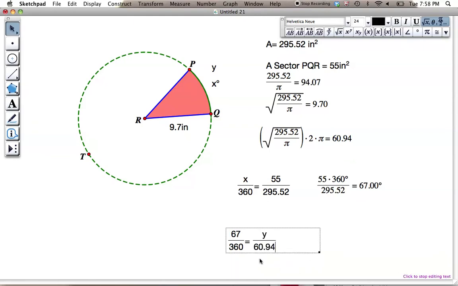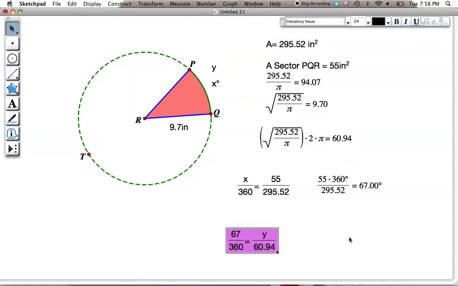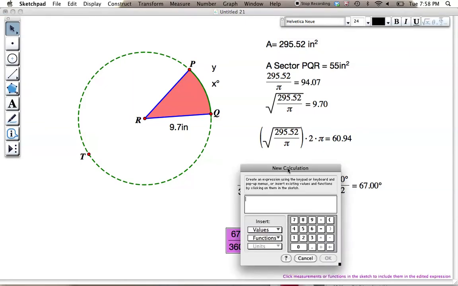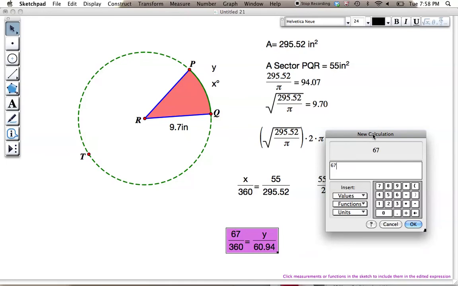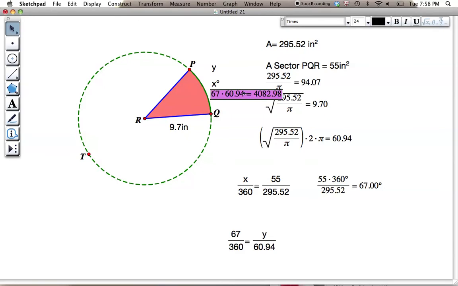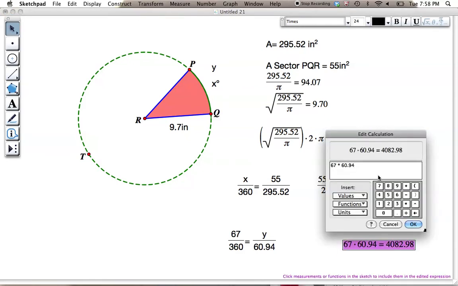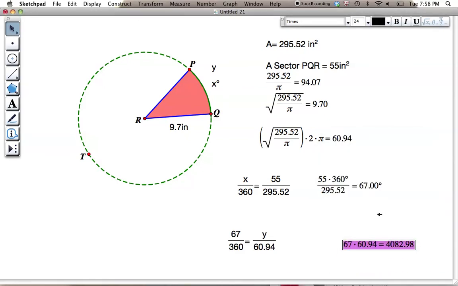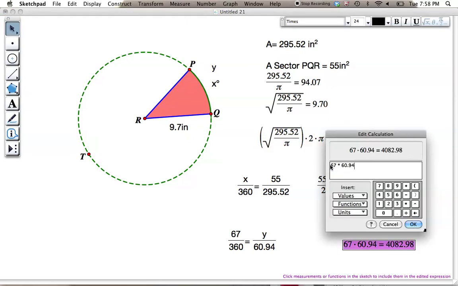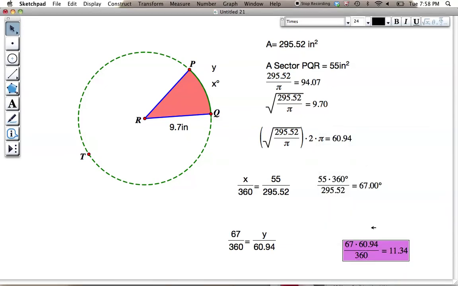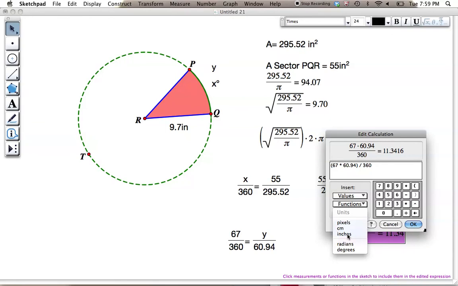So multiply both sides of the equation by 60.94, and you're going to get 67 times 60.94, divided by 360. And your answer should be 11.34 inches.